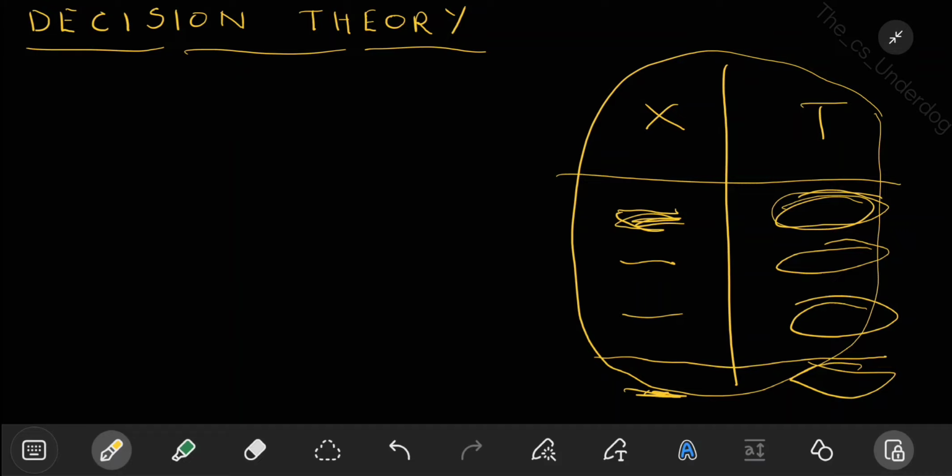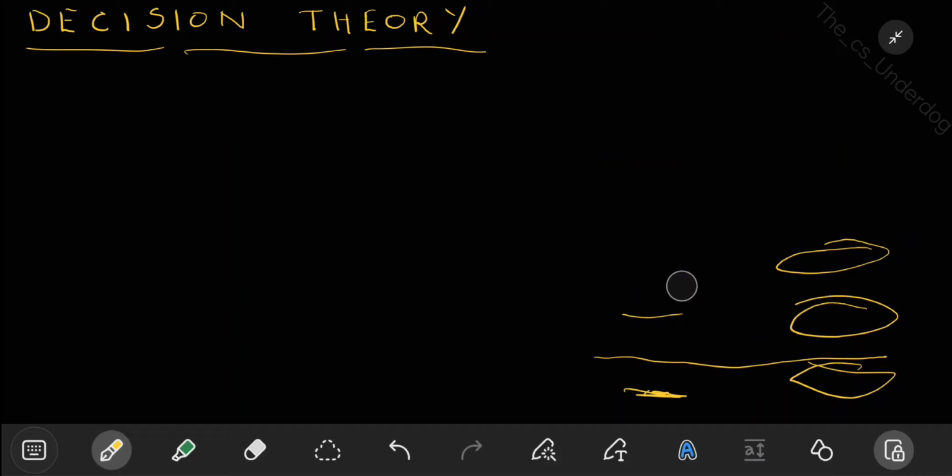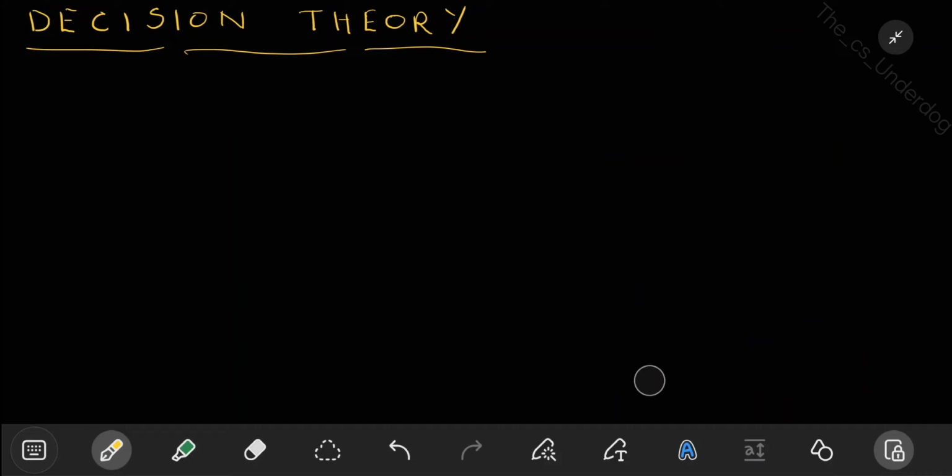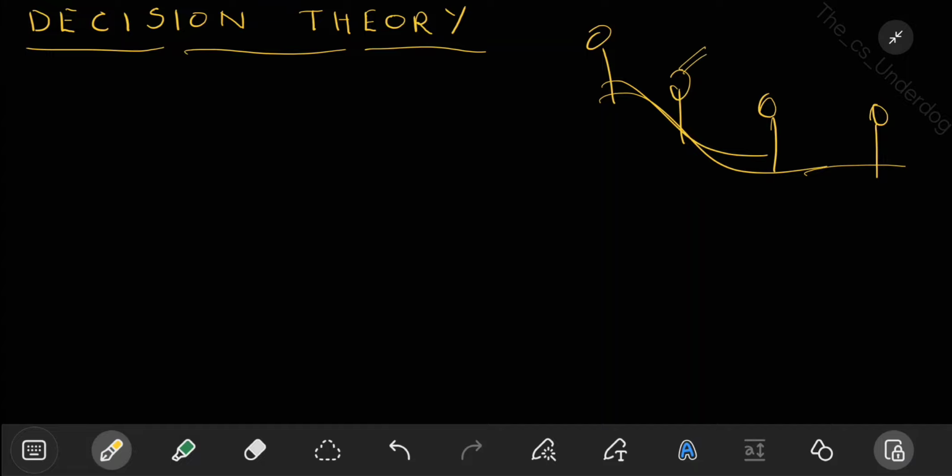Let us say your use case is like this. The input variable is used to identify whether someone approaching you at the border is an enemy or not. Let's say this is the border of a country, and you have installed security cameras all over here, and these cameras keep watching whoever is approaching.